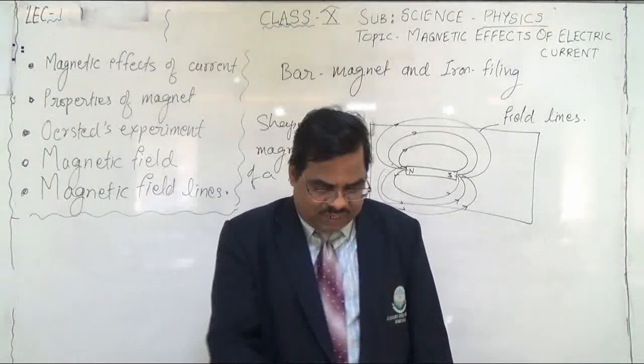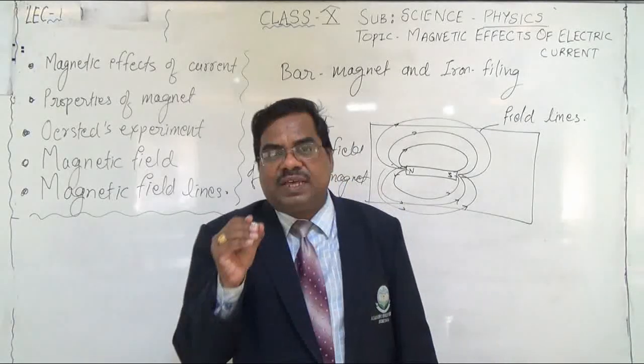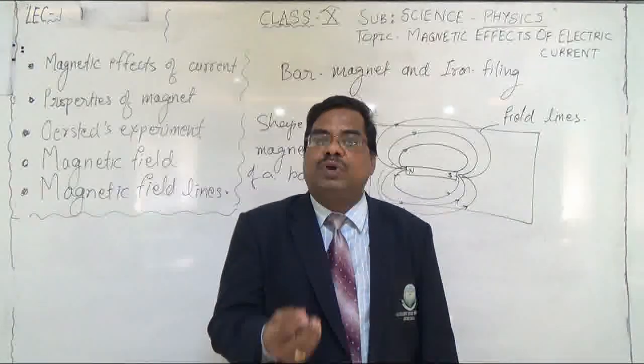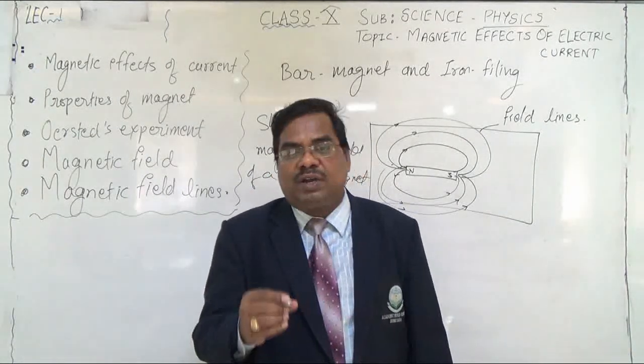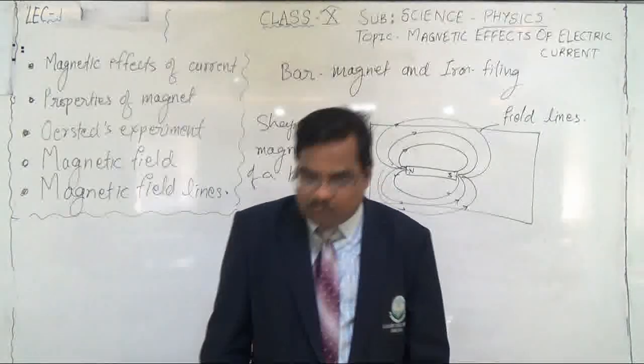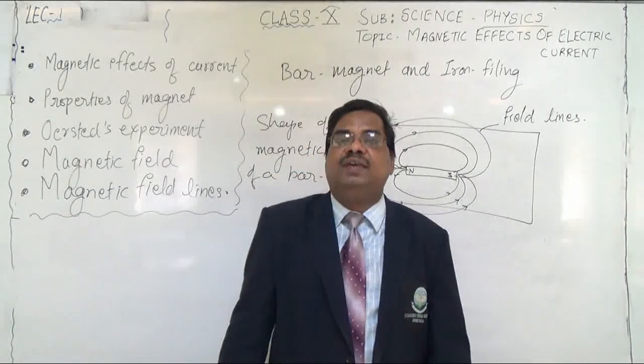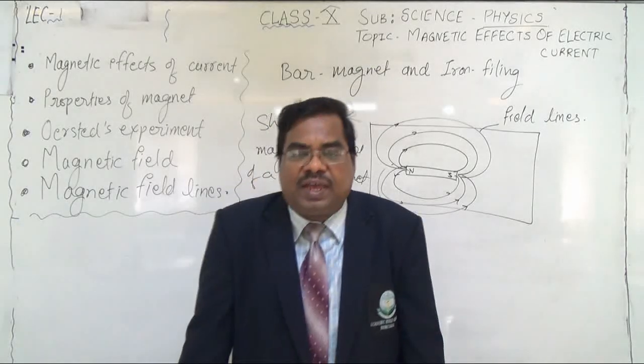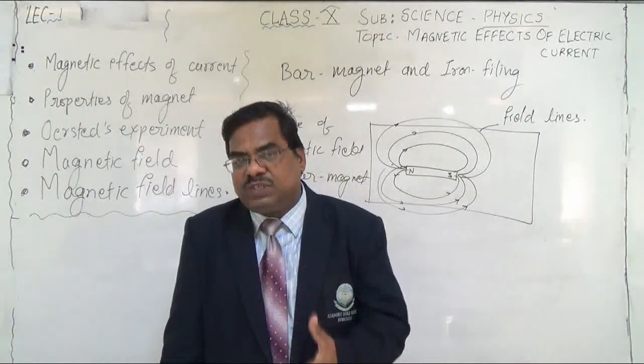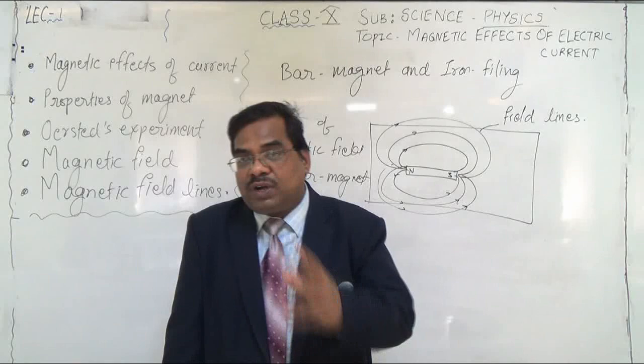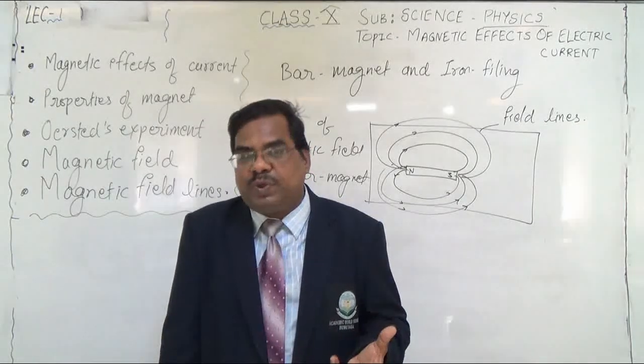The compass is a magnetic material. Unless there is a magnetic field, the compass cannot deflect. So he was successful in explaining that there is some magnetic effect as a result of the passing of current. Now, what is a magnetic field?